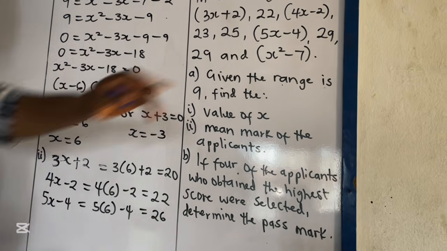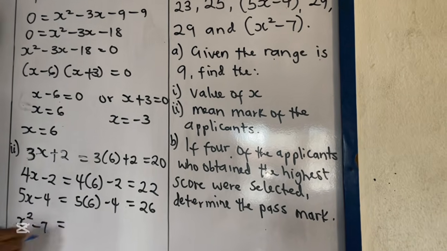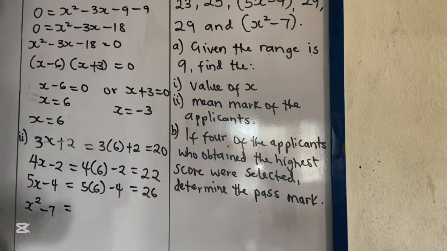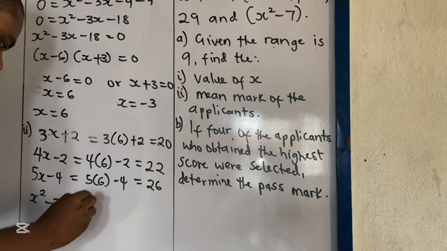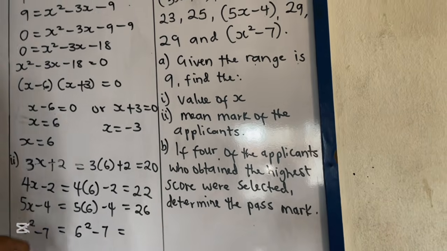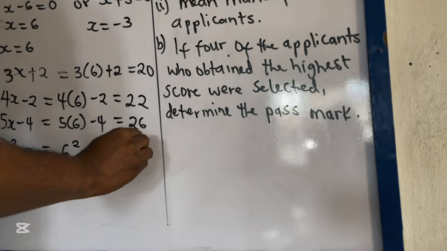Finally, the last one we have is x squared minus 7. x is still 6, so we have 6 squared minus 7. 6 squared gives us 36, and 36 minus 7 gives me 29.